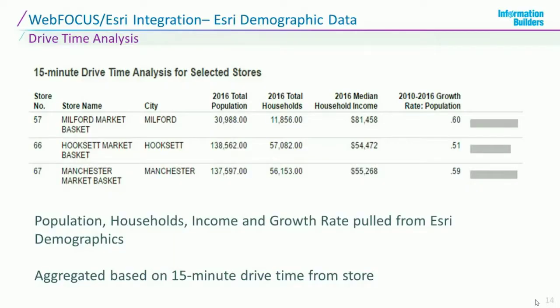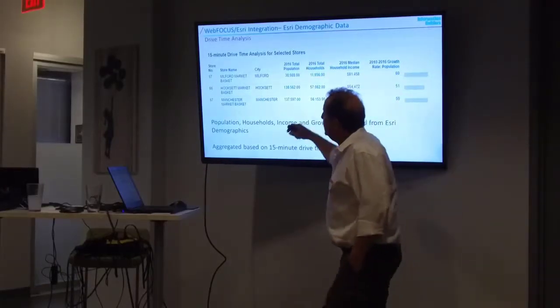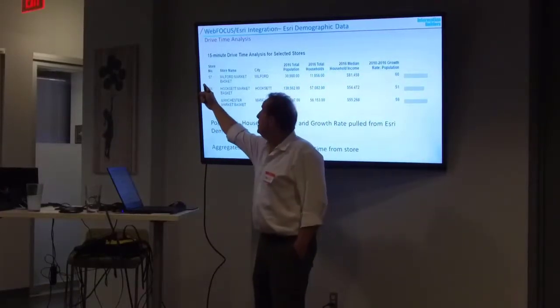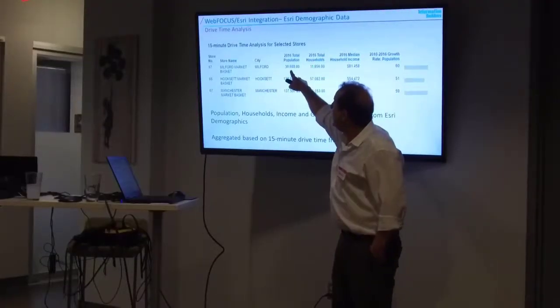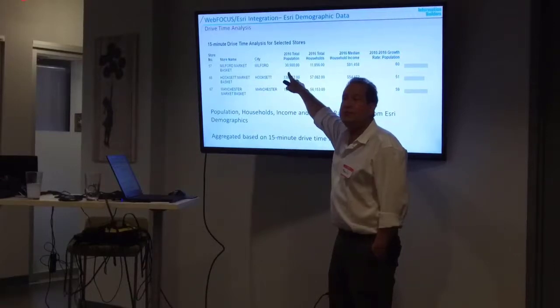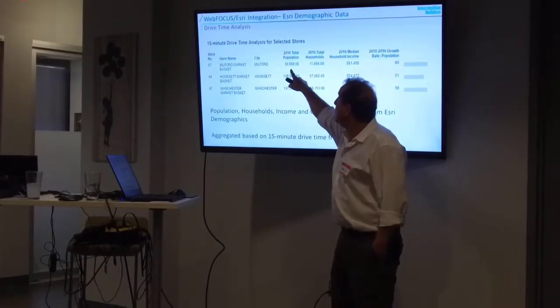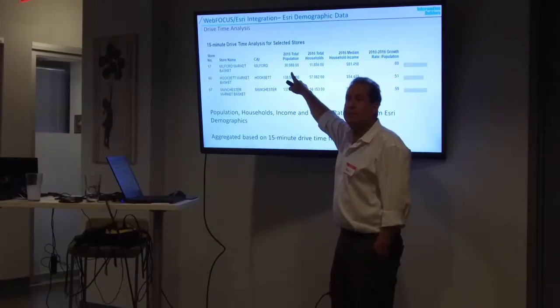Now, looking at what's around us, what's around each store. This is a report that shows you, this came from the company, store number, name of the store, city that it's in, okay? Everything to the right came from the demographic data. This is the total population within a 15-minute drive of the store. Almost 31,000 people.